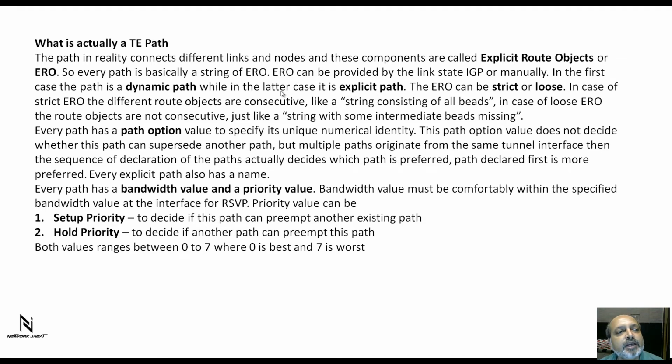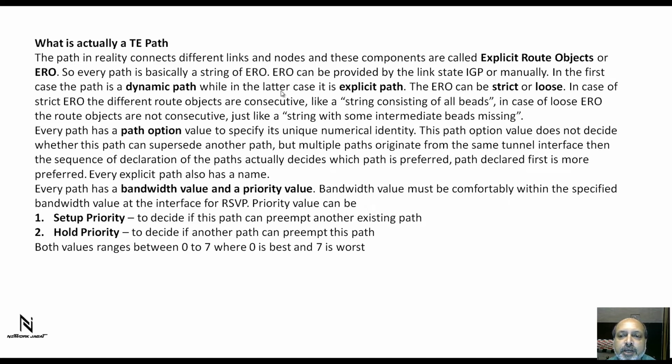So what are those links and nodes? The path in reality connects different links and nodes, and these components are called explicit route objects or ERO. So every path is basically a string of EROs. ERO can be provided by the link state IGP or manually. In the first case, the path is a dynamic path, while in the latter case, it is an explicit path.